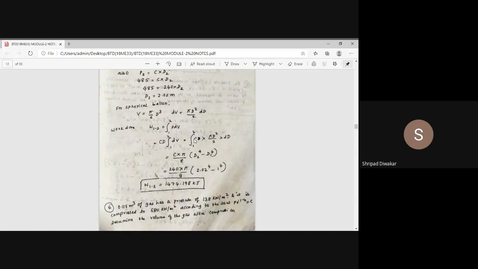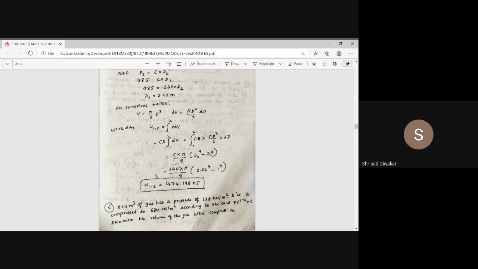Now take C constant and pi by 8 constant, and you have to integrate d square dd. After solving, you'll get d2 to the power of 4 minus d1 to the power of 4.